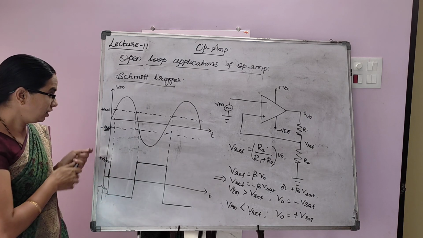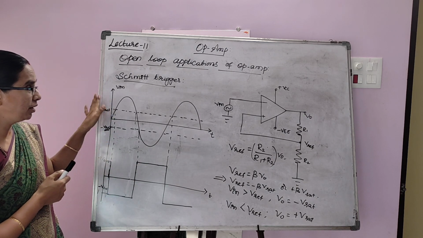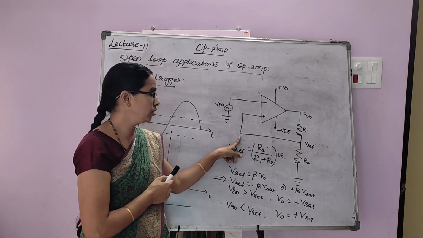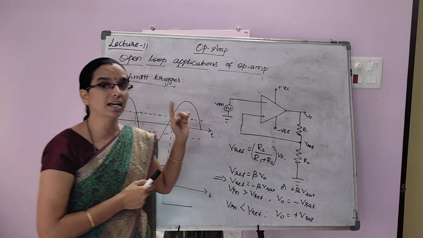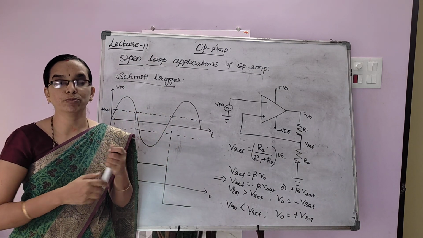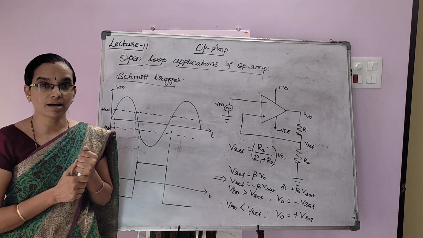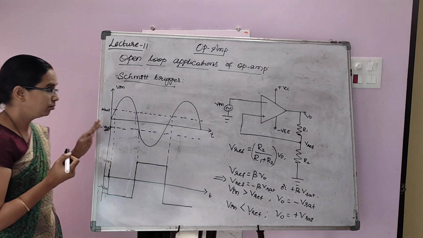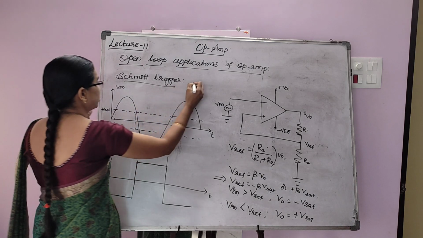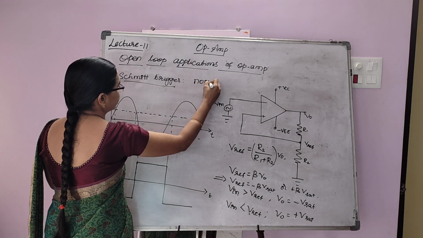So here what is happening? Only thing is we are giving the reference voltage by the positive feedback. This helps the comparator to switch fast. The output switching speed will be fast. And one more thing, the main advantage of the Schmitt trigger circuit is noise reduction or noise elimination.